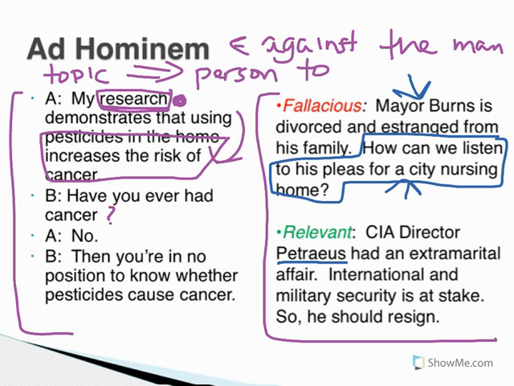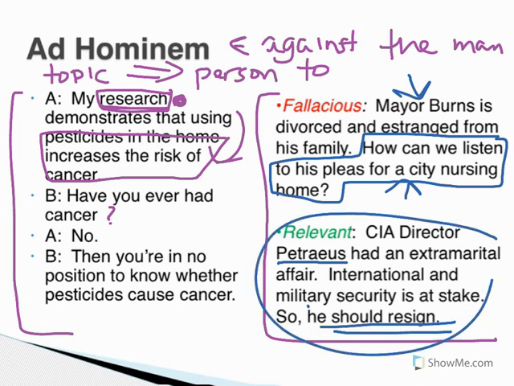We also don't know how much was told between the two individuals when they were engaged in their private affair. How many secrets, if any, were exposed or exchanged. And so as a result of that, it only makes sense that he should resign from his post because we have international as well as military security being at stake. And so in this instance, it's actually relevant and not fallacious.